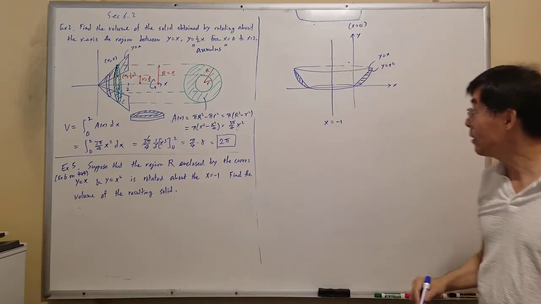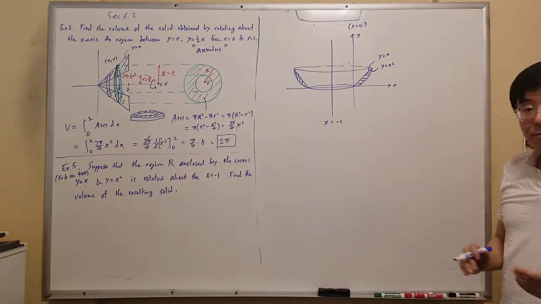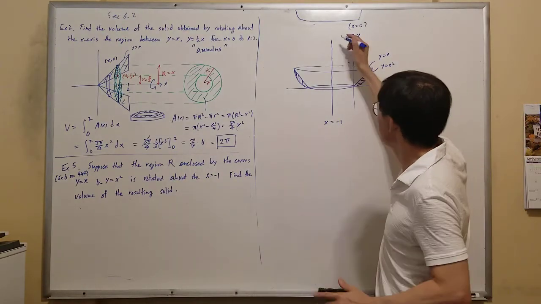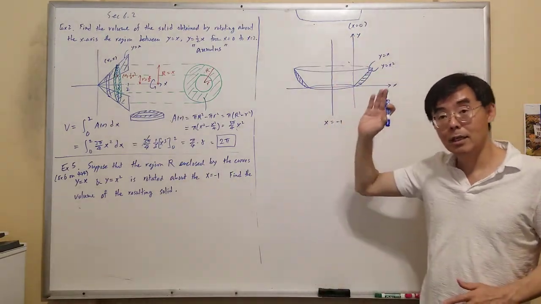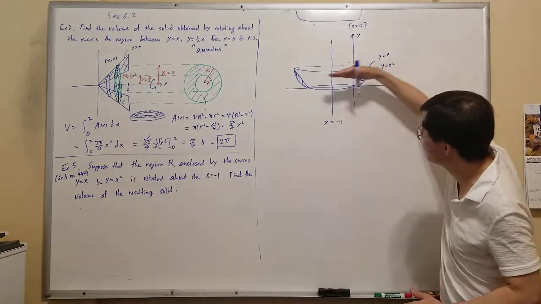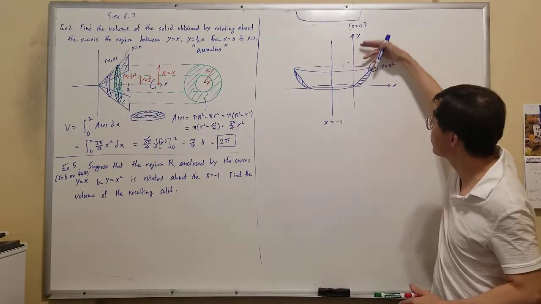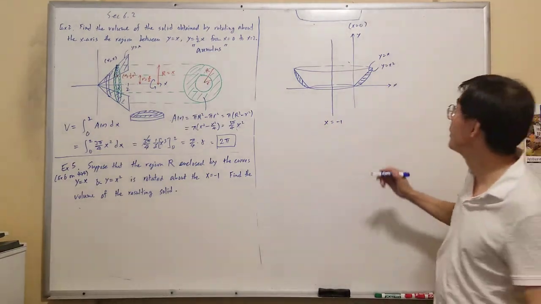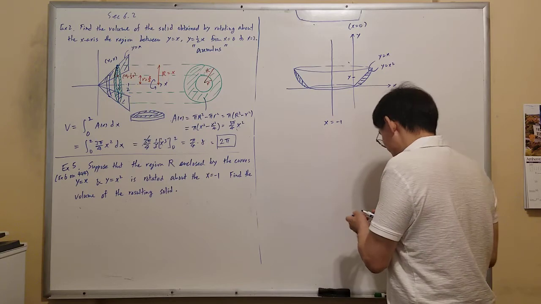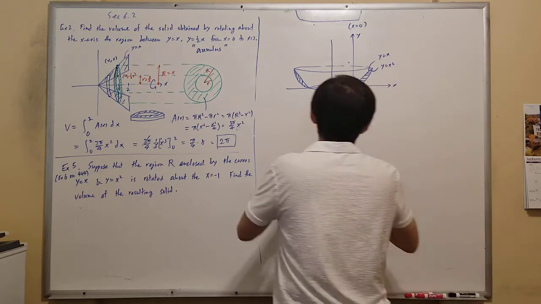Again, a base, bottom is base. So this one, the rotational axis is vertical, same direction as y. So we have to cut perpendicular to the axis of rotation, so perpendicular to y. So for given y, what do you get?